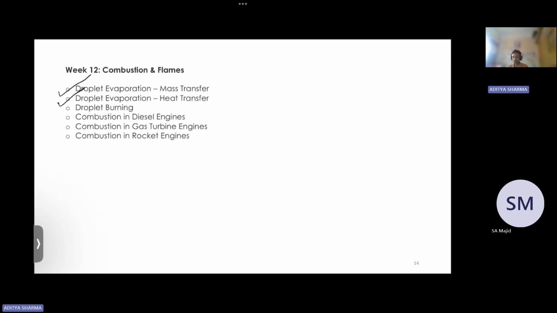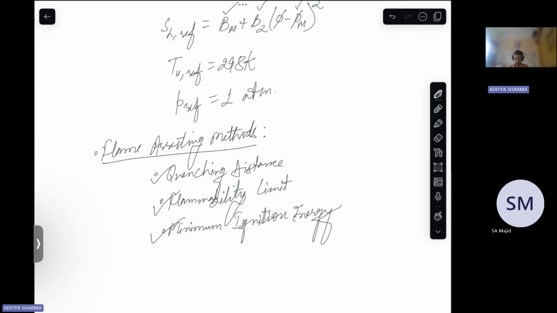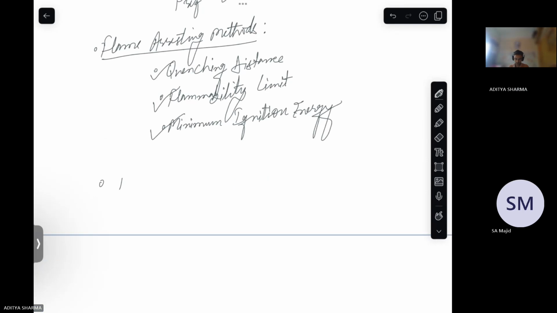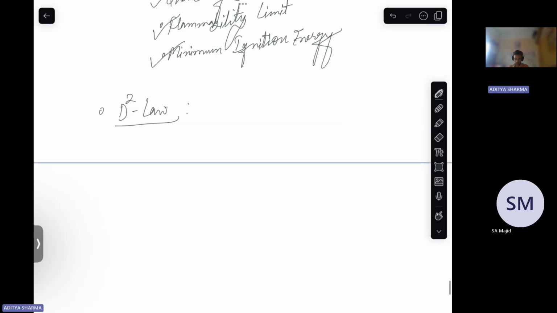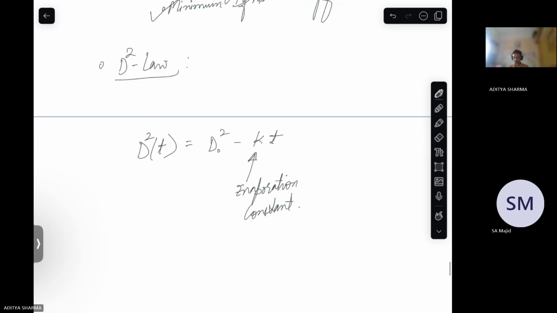And one important thing here is your d square law, which basically is the relation of the diameter of your fuel droplet with respect to time. Here K is your evaporation constant. This is your d square.